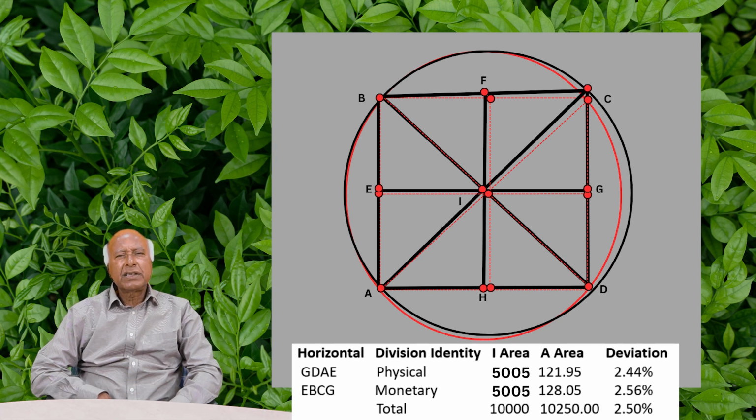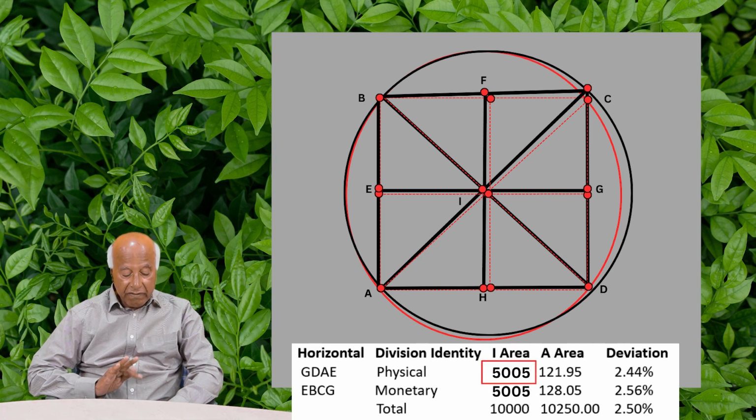So naturally, since the money supply has increased, the rectangle showing the monetary stability is now the physical value. Ideal value was 5005 and monetary value was also 5005, but now the actual area is 121.95 and monetary value is 128.